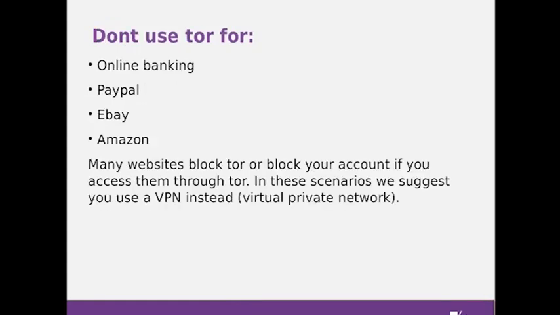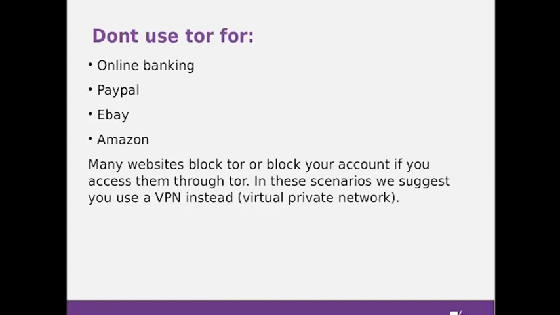Don't use Tor for online banking. PayPal, eBay, Amazon, these sorts of sites. Basically, many websites block Tor or block your account, your bank account in this instance, if you access them through Tor. Your bank might ring alarm bells and say, I think your bank account's been hacked. Somebody was accessing it through Tor. So will PayPal. In these scenarios, we suggest you use a VPN, a virtual private network, which we'll come into next, actually.